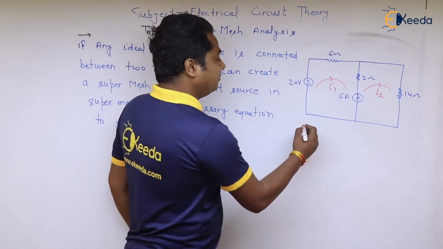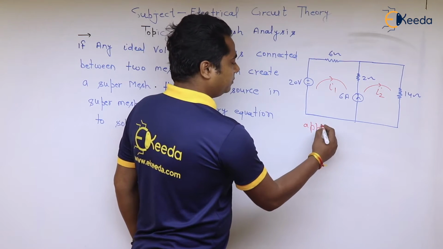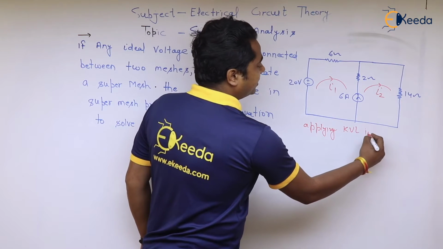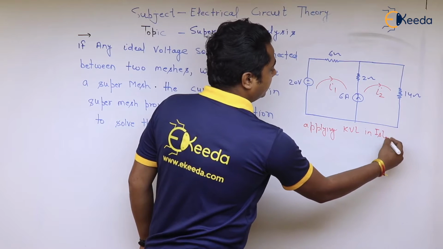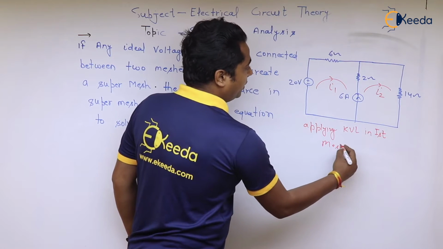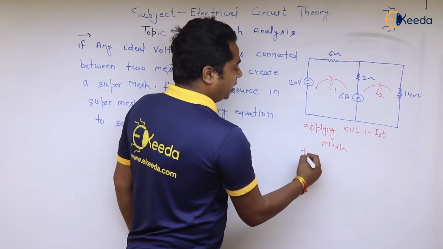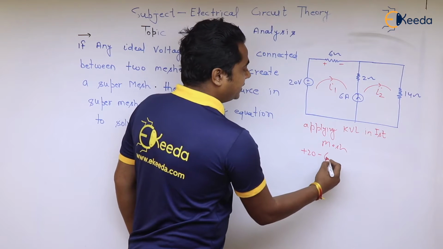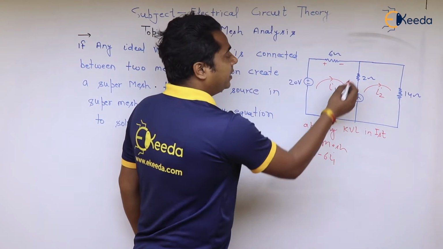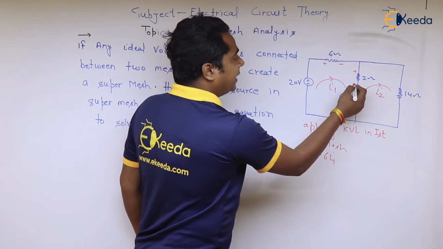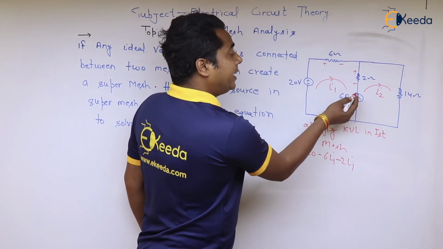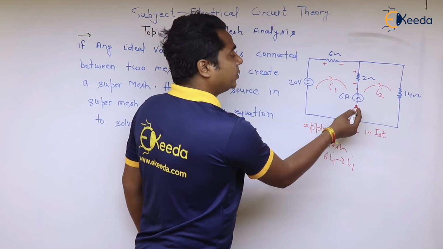So applying KVL in the first mesh, we write minus, plus 20, plus minus 6 I1, then plus minus 2 I1, and here this is your current source.